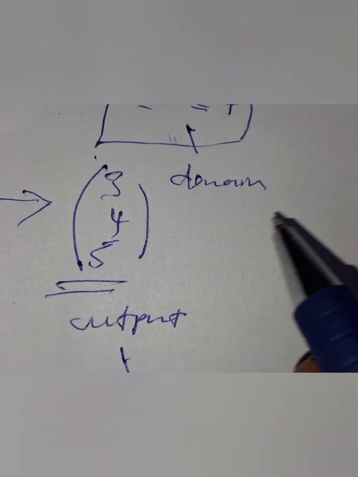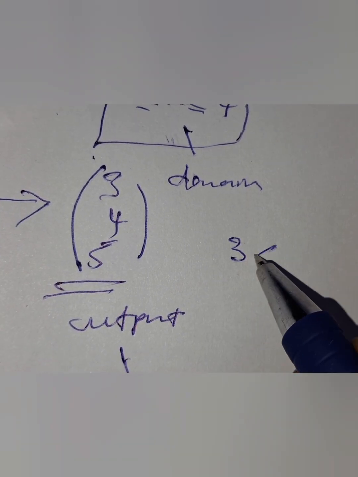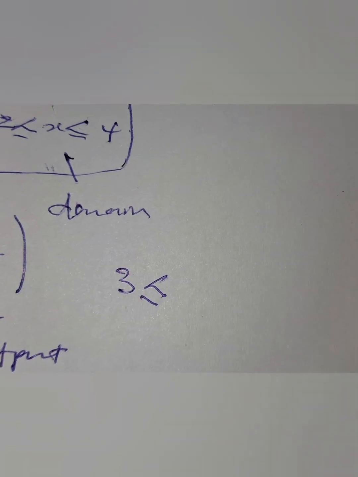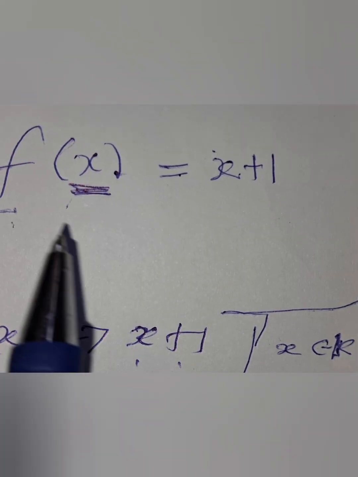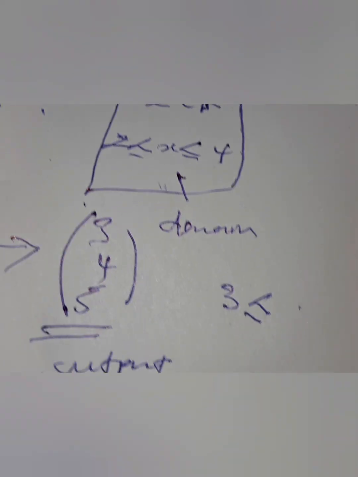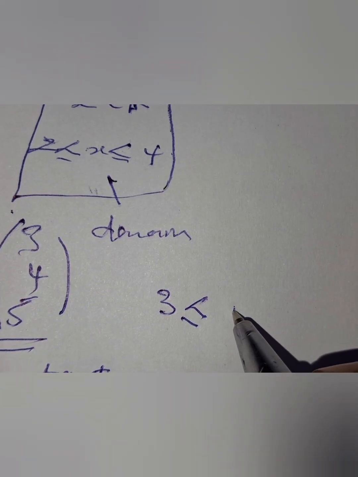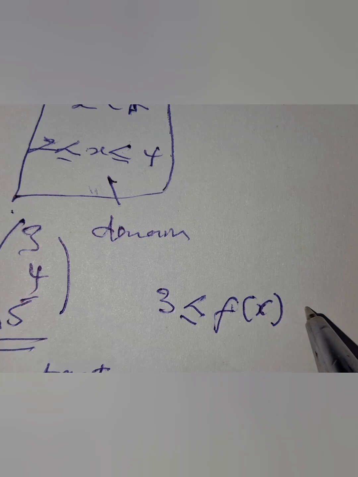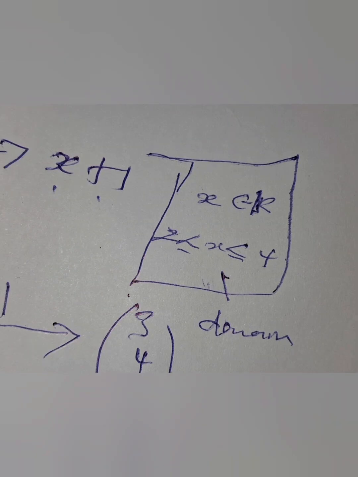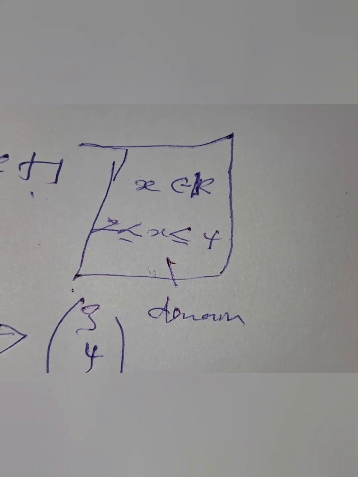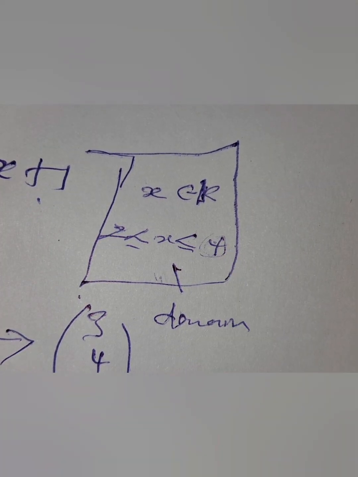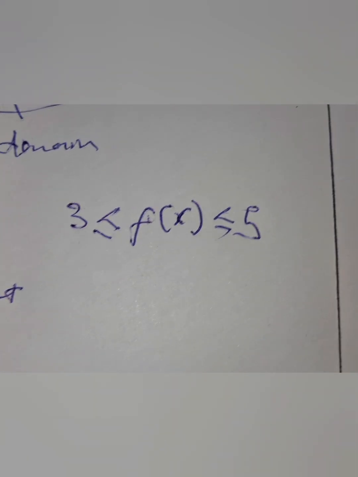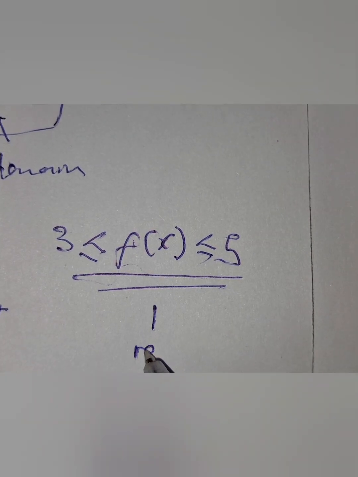Our range is 3 is less than or equal to, here we don't put x because x is an input that we are putting into the function. Rather, we put f of x. So here we have f of x, which is less than or equal to the greatest number that can be there, which is when we add 1 to the greatest number here, which is 4. So 5 here. And we call this the range.